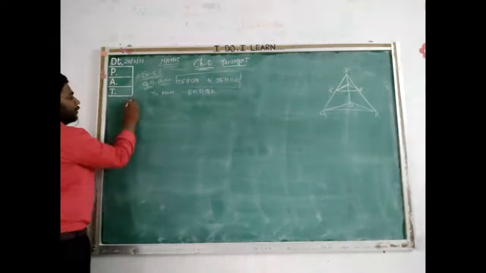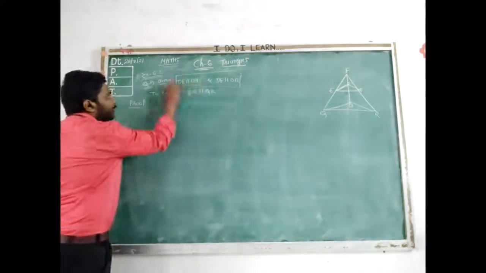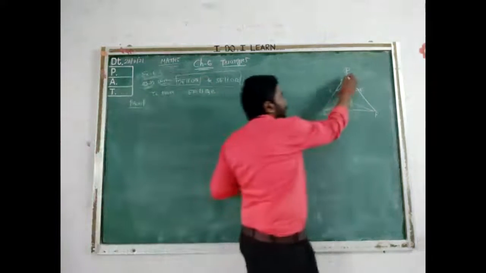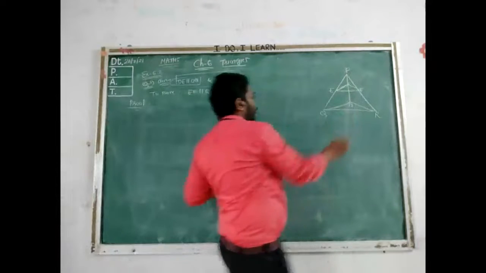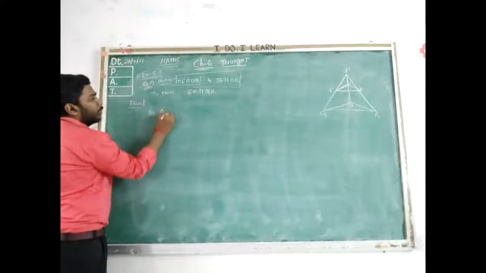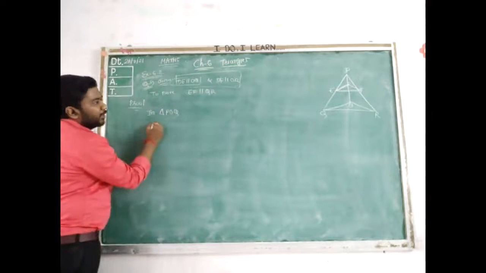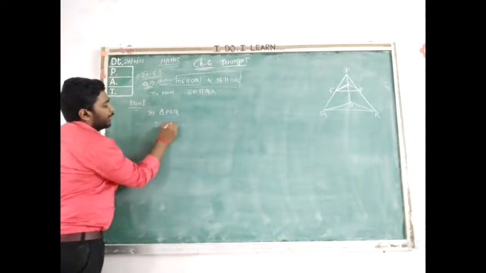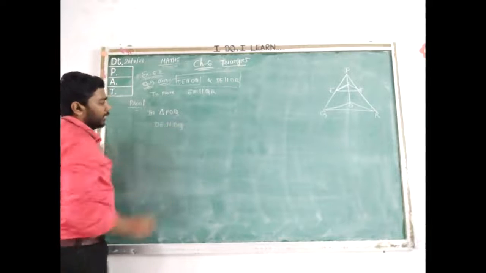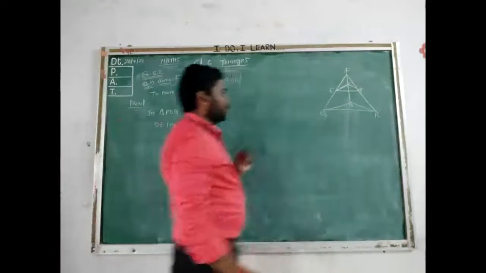So proof, I am just starting. See, if I am taking DE is parallel to OQ, this would be triangle POQ. So in triangle POQ, it's given DE is parallel to OQ.